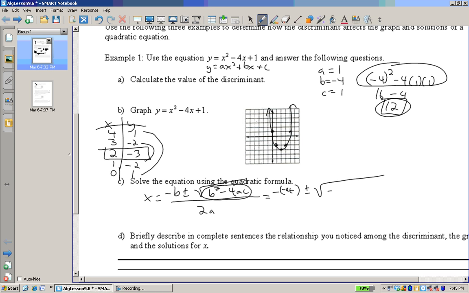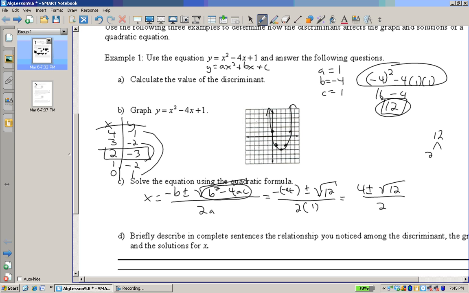That ended up being 12, so we can just go ahead and plug that in. Over 2 times a, well, a is 1. Opposite of negative 4, that's positive 4, plus or minus the square root of 12 over 2. Now, I can never leave the radical expression unsimplified.